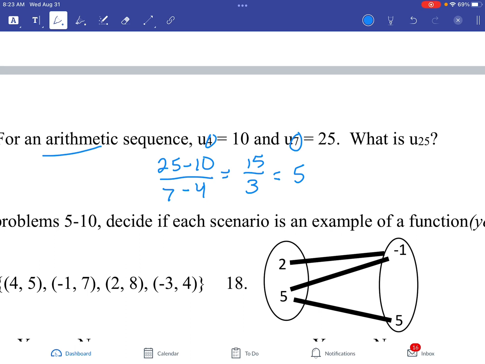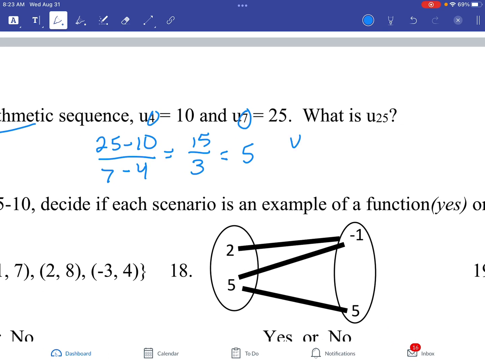So, based on this, we can go down to find the first term. So u sub 4 is 10, that means u sub 3 is 5, 2 is 0, 1 is negative 5. So u sub 1 would be negative 5.